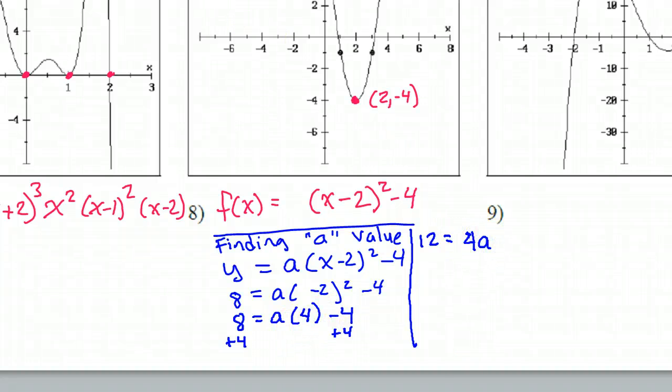And then in that last little step, I will divide both sides by 4. So those will cancel out, and I will wind up with a equals 3. Which tells me that this will be a 3, so that is the true equation of this parabola. I would have accepted it though with or without the 3.